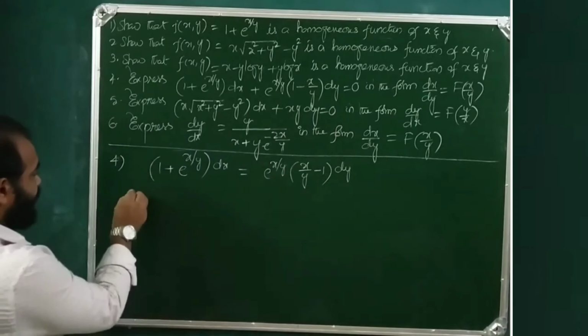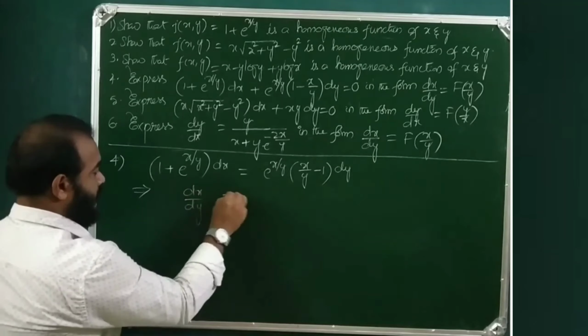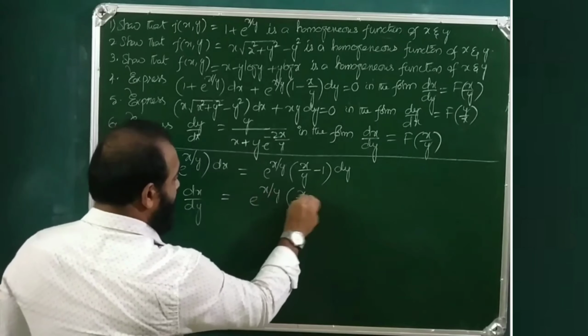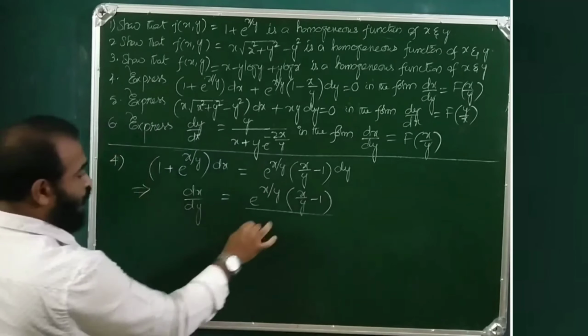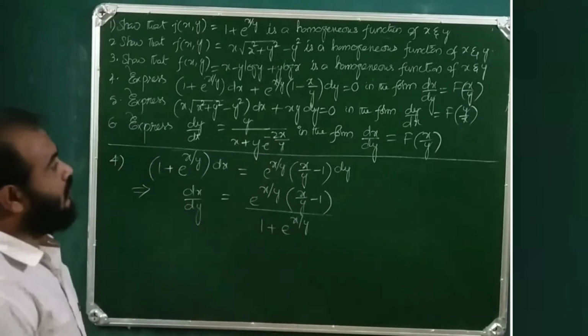So this is equal to dx by dy is equal to e power x by y into (x by y minus 1) by (1 plus e power x by y).